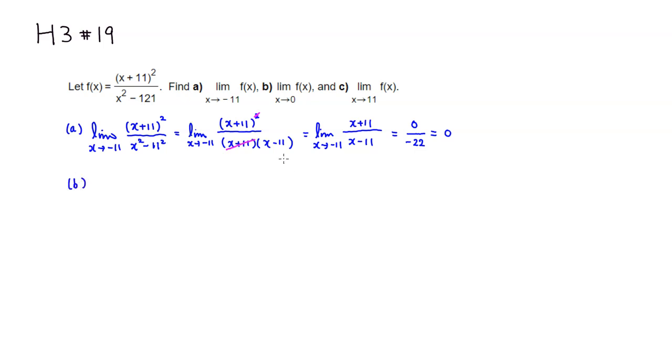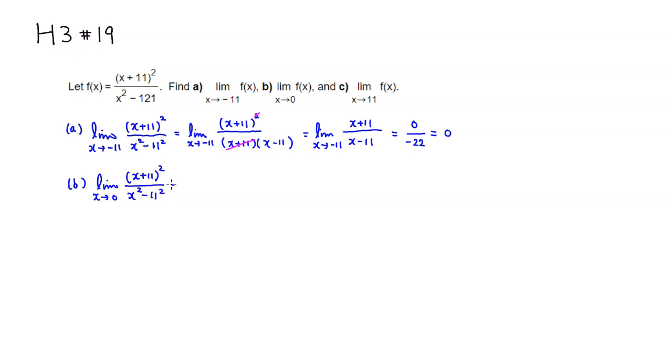I'll write that first one. So x approaches 0, and we have x plus 11 squared over x squared minus 11 squared.